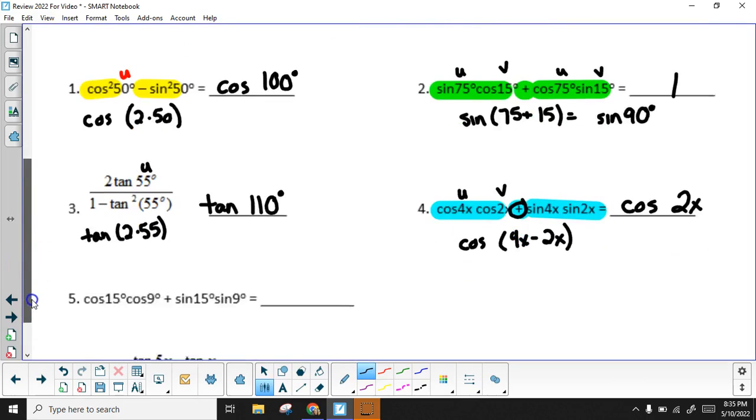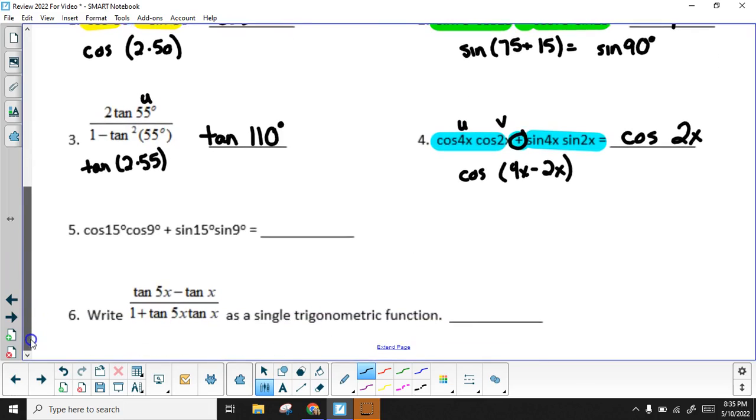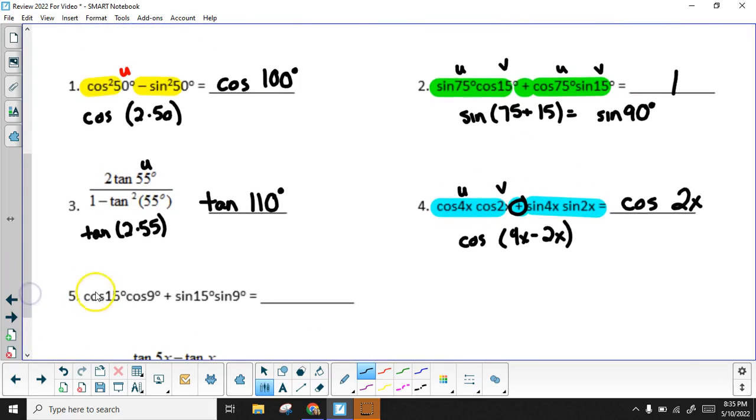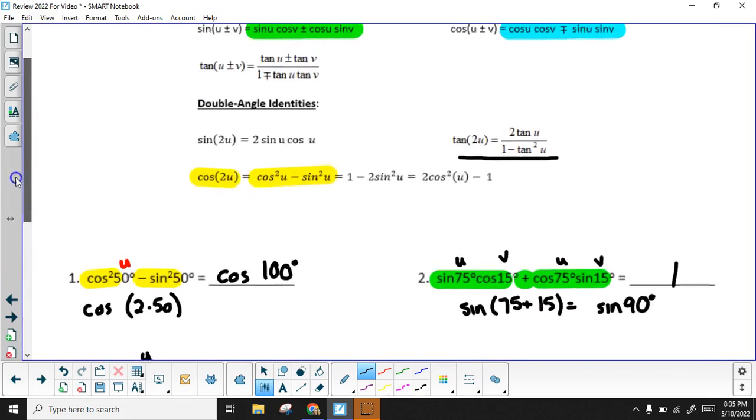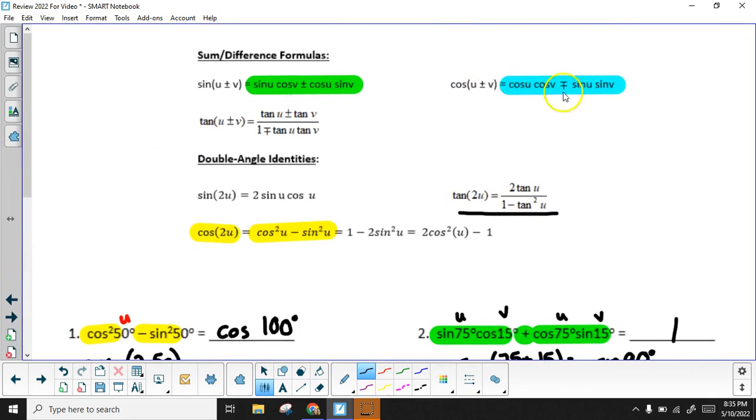And for our lesson right here in this section, number 5, we've got cosine cosine plus sine sine, which again looks a lot like what we just had right here. We've got a u value of 15, a v value of 9, and cosine cosine plus sine sine looks like this formula right here for our cosine.